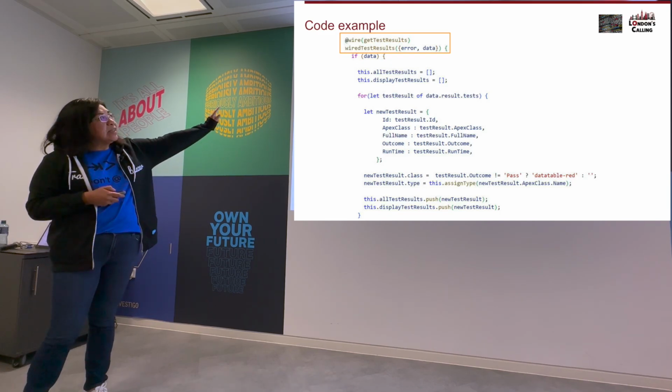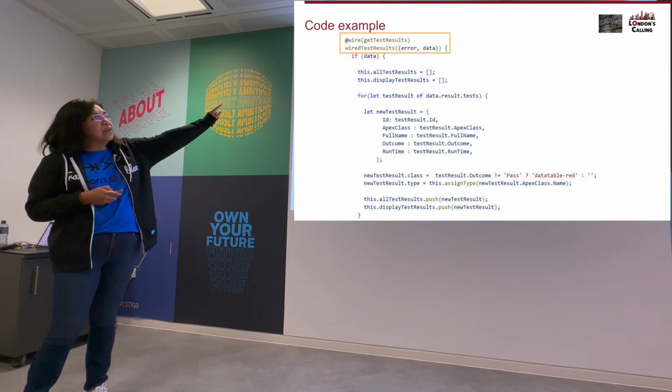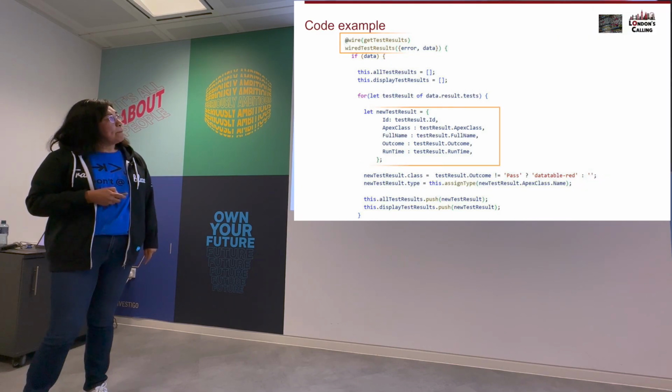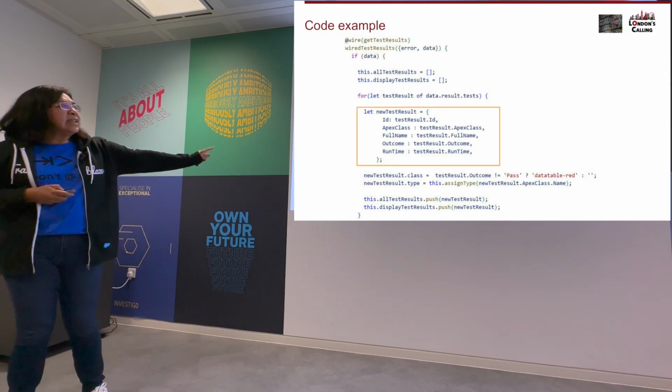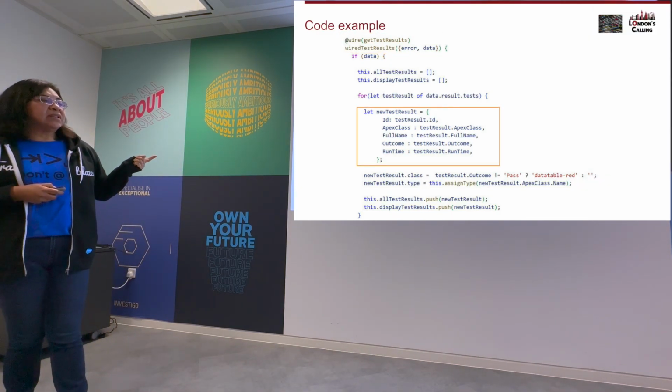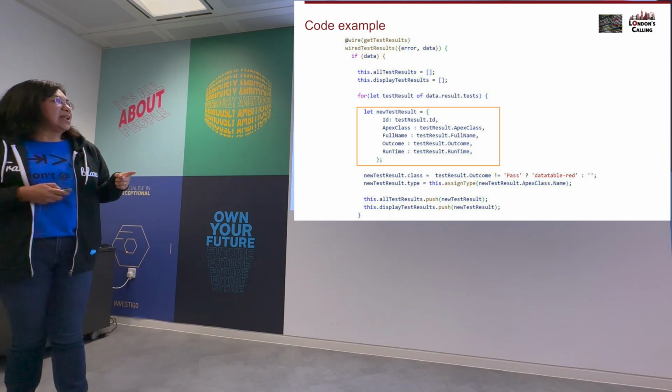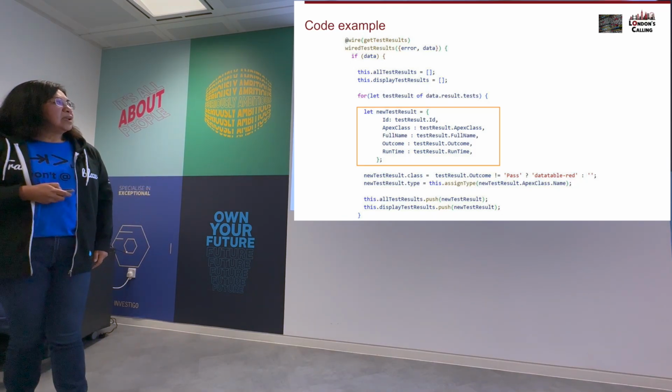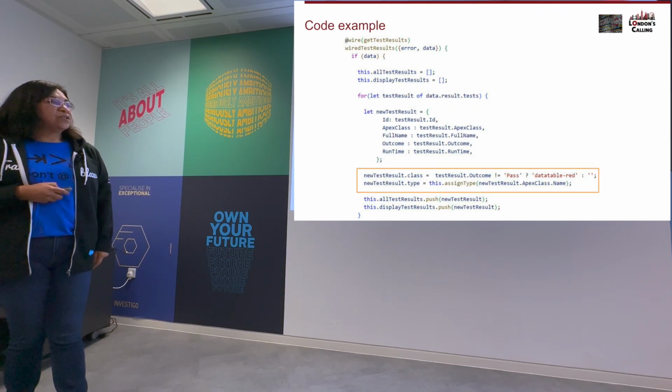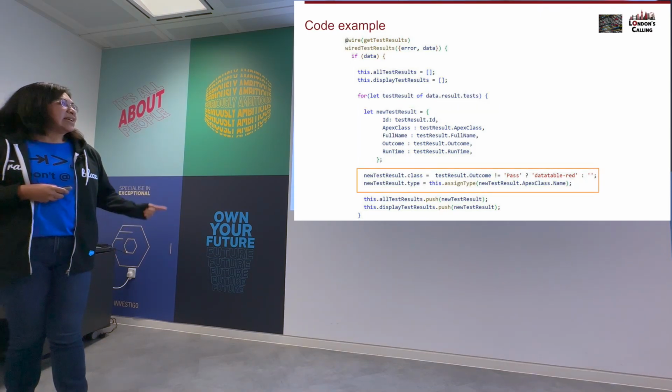So I'm using a wire service, calling a controller in my Apex class. Then in here, I'm copying each element of my object, the property and the value, all of them. And I'm doing this because I want to add 2 properties, that is the class and the type.